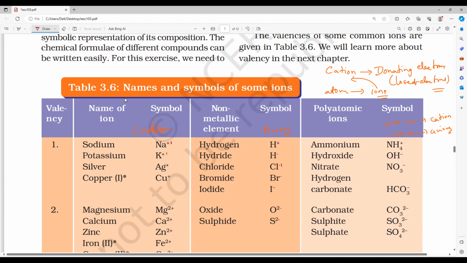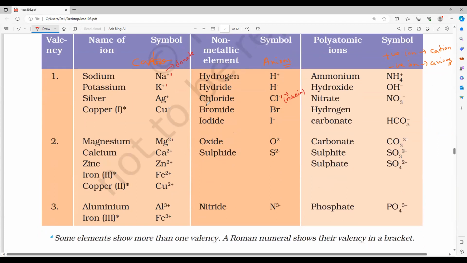So what do you mean by +1? 1 electron donating or 1 electron accepting? Plus means donate. Minus means receive. Please respond. So that is what it is.